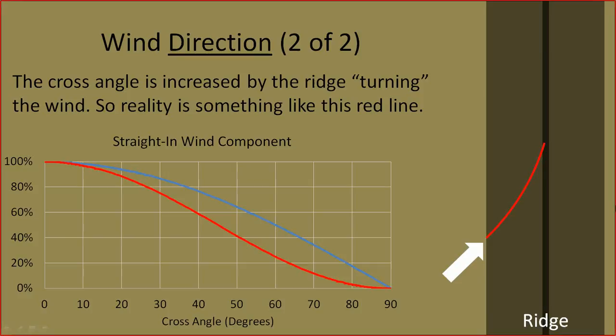So reality is probably more like this red line. I wouldn't argue with you if you said move it up or down a little bit, but it's roughly something like this. So in this you can see pretty much at a 45-degree angle, you're down to about half the wind strength blowing straight into the ridge.